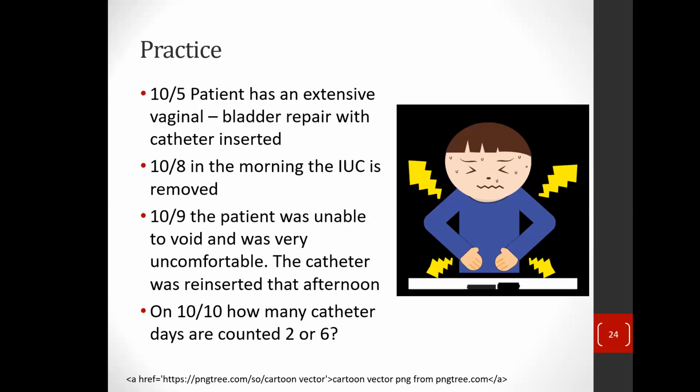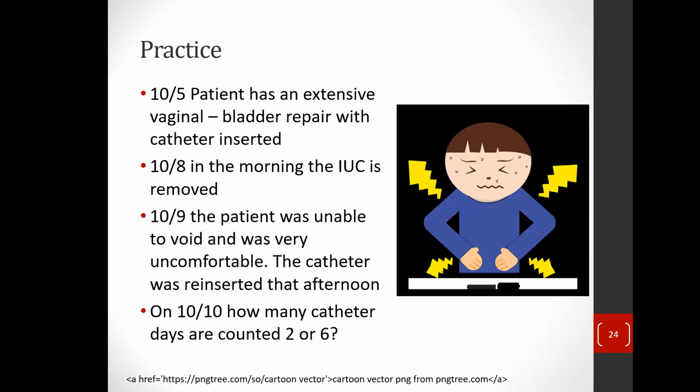Let's look at this for just a minute and practice. On October 5th, a patient had an extensive vaginal bladder repair with the catheter inserted. On the 8th, 3 days later, in the morning, the catheter is removed. The very next day, the patient was unable to void and was very uncomfortable. The catheter was reinserted that afternoon.